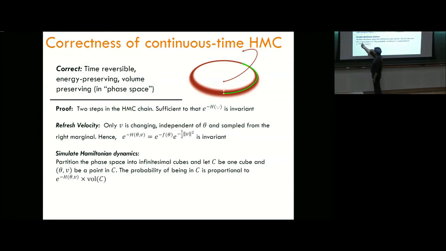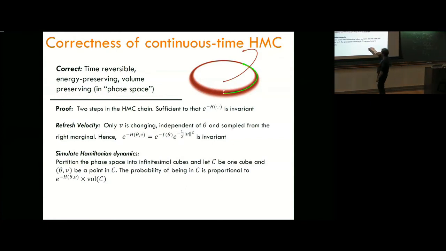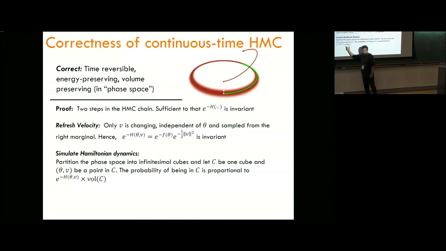So you pick a point in this cube and the Hamiltonian is just H(theta, v). It's constant in the entire cube. Just pick these so small. So the probability of you being in this, if you were to sample from the invariant measure, is proportional to the Lebesgue volume times the density.